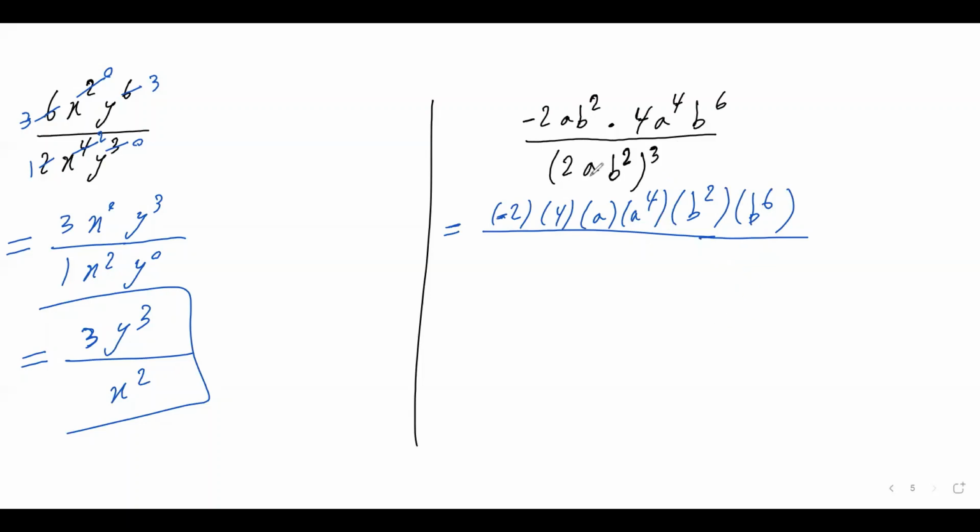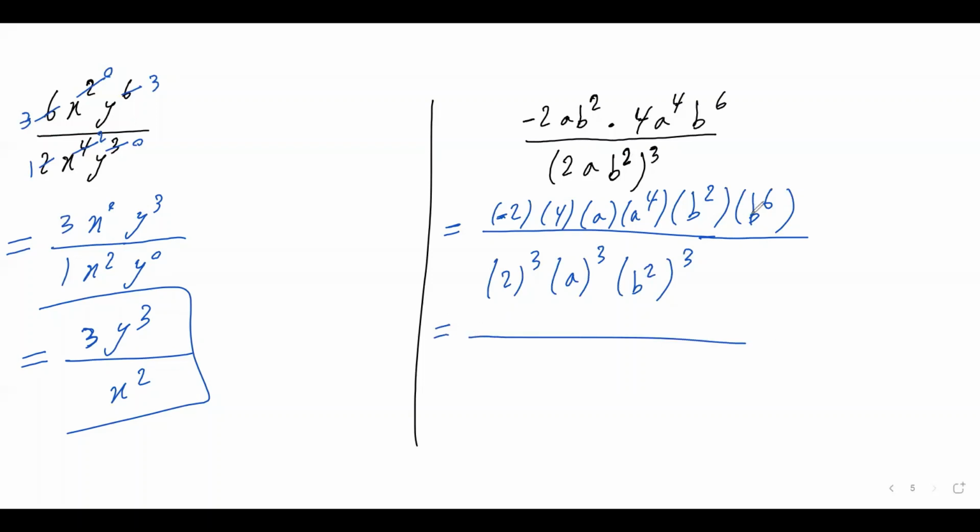So let's go with the denominator. I have 2ab squared to the power of 3. Again, when we have a bracket to the power of something, we have to apply that exponent to everything inside the bracket. So in denominator, I have 2 to the power of 3 and a to the power of 3, and then b squared to the power of 3.